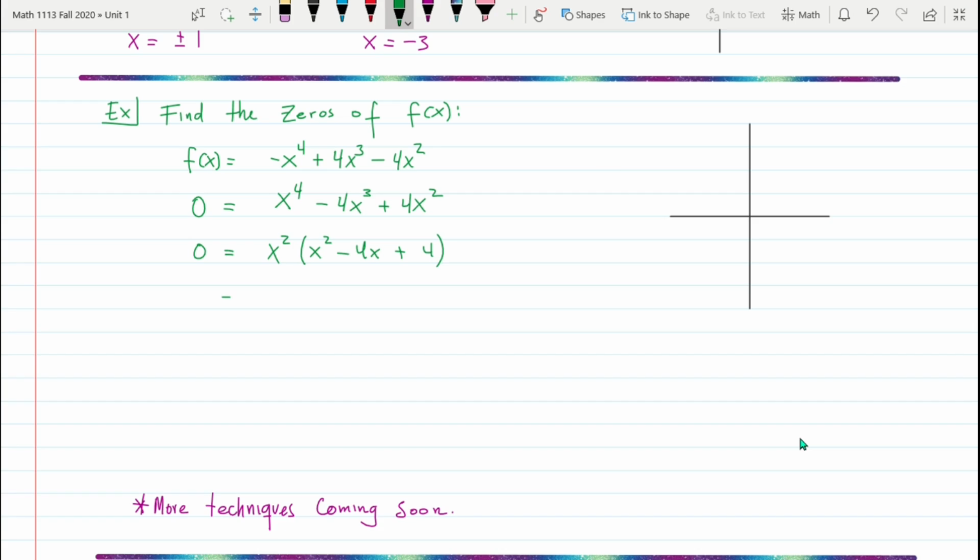Then we're going to factor again inside of that parentheses. And so we'll get x minus 2 times x minus 2, so I'll write it as x minus 2 squared. And again, this is the product between two things, so we'll use the zero product property to solve for x.